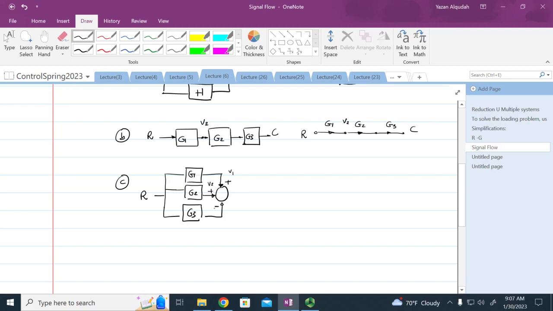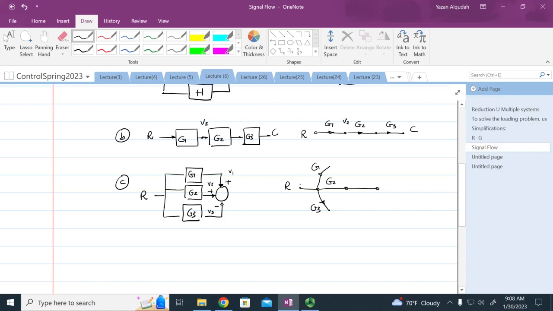V1, V2, and V3. So I'm going to have an R, and G2, G1, and G3.